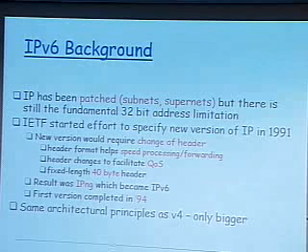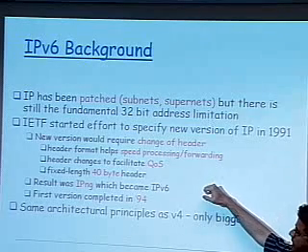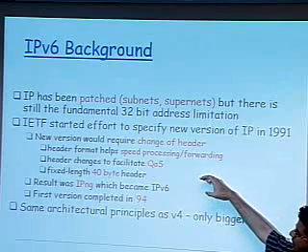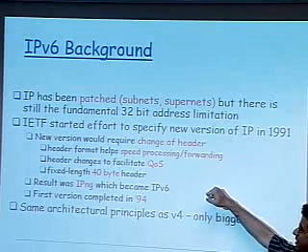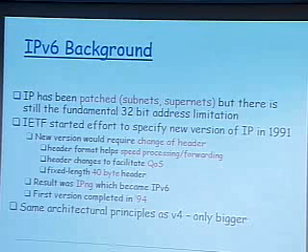Other header format changes help speed processing and forwarding. We'll see how. There are fields in the header which help facilitate quality of service. And the IP header has now been fixed to a 40 byte length. Earlier, you could have a variable length IP header by including options. But with IPv6, you have a fixed length 40 byte header.